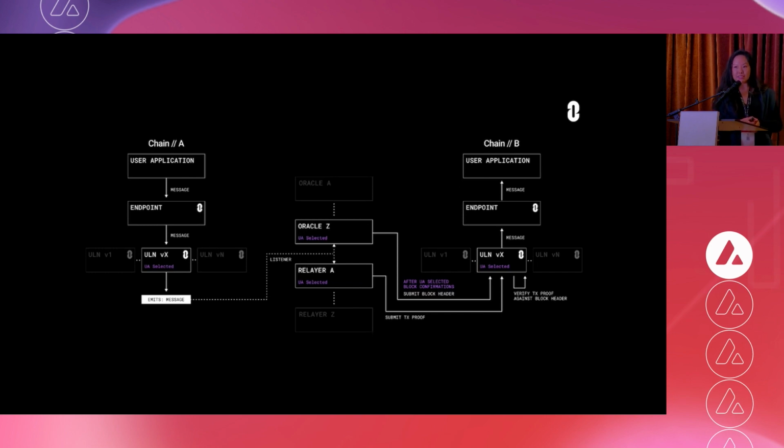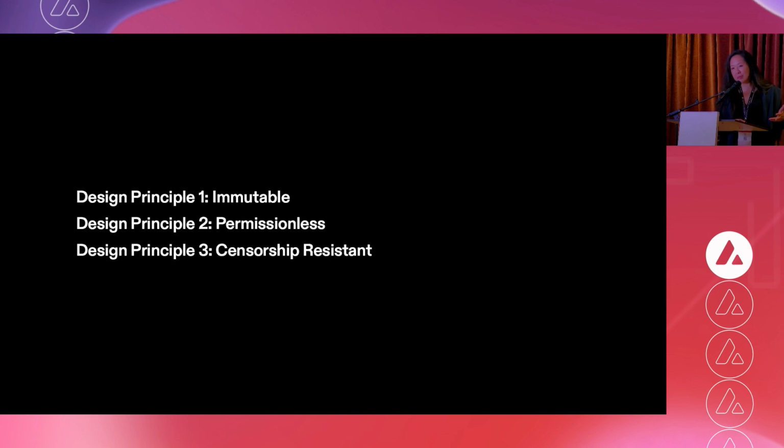And all a relayer needs to be is an entity that can retrieve and submit a transaction proof. They have these two independent tasks and can be selected from a marketplace of offerings of oracles and relayers. Your team could actually run one of those components yourself. So you play a role in securing your messaging, but you also don't have unilateral control.